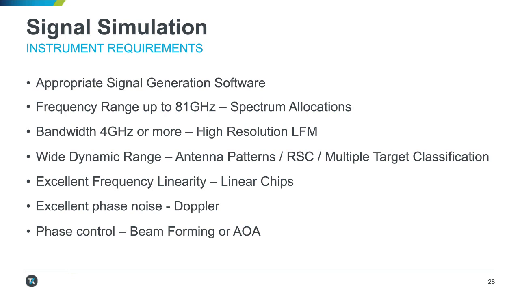You've got to have the frequency linearity, and an arbitrary waveform generator, being a digital processing device, has excellent linearity, unlike sweeping a basic voltage-controlled oscillator. Phase noise, not so much. It affects Doppler, but more impulse radars.